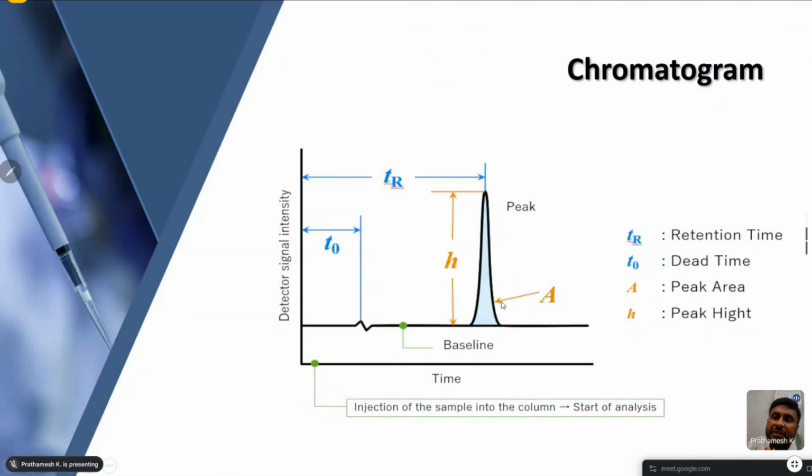So you might have seen this chromatogram. In a chromatogram, on the x axis is time and on the y axis is detector signal intensity. You will normally see a baseline here.